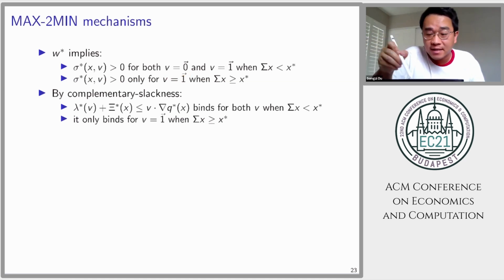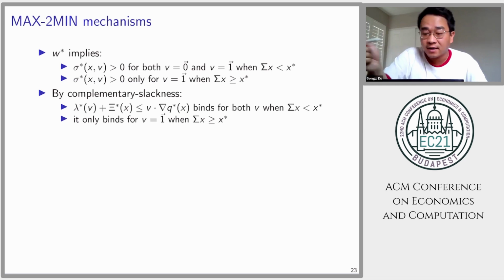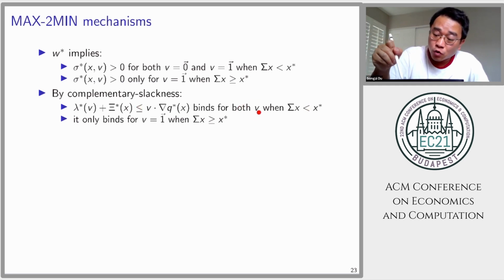Okay, so which means that this constraint, which relates the total transfer to the local incentive, has to be binding for both the 0 and 1 common value in the low region, but binding only for the common value equal to 1 in the high region, right?